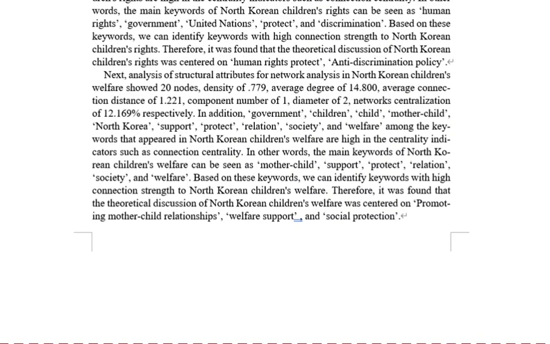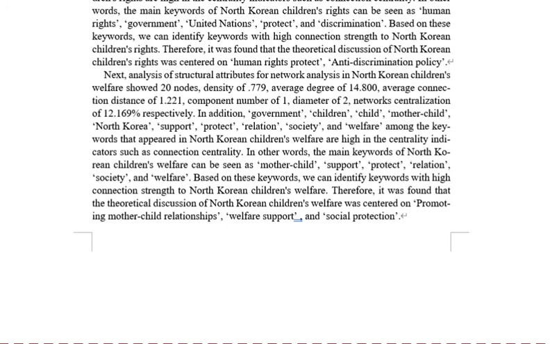Next, analysis of structural attributes for North Korean children's welfare showed 20 nodes, density of 0.779, average degree of 14.800, average connection distance of 1.221, component number of 1, diameter of 2, and network centralization of 12.169%, respectively.